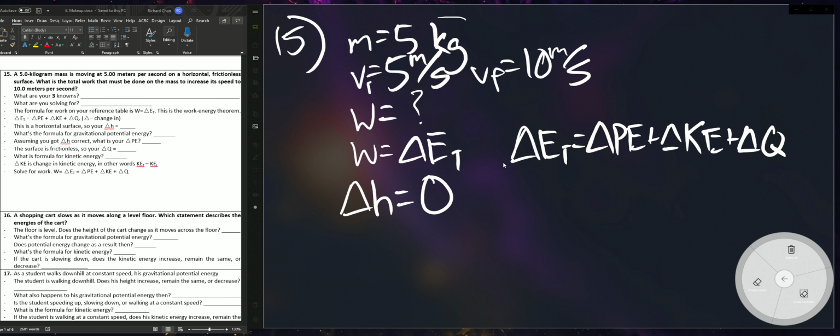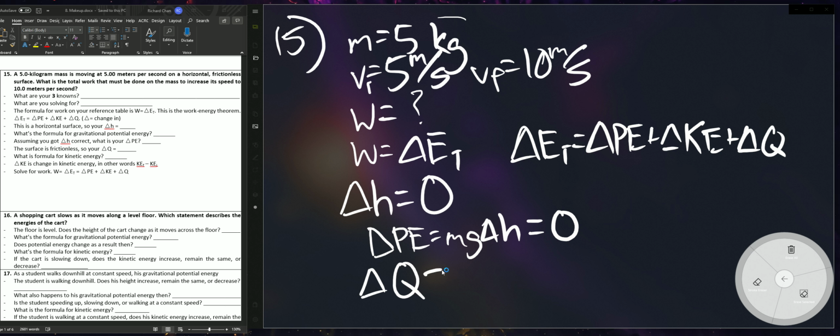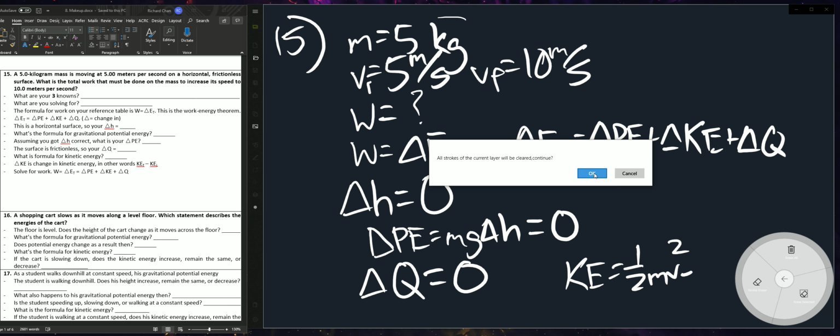Change in potential energy is mg delta h, and your change in potential energy is 0. And since the surface is frictionless, you're not losing any energy due to heat, so your change in Q is also 0. And the formula for kinetic energy is 1/2 mv squared.